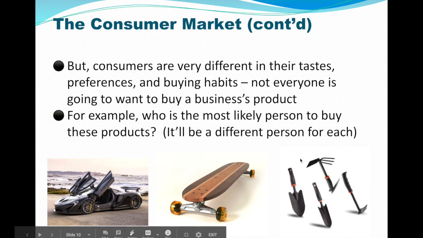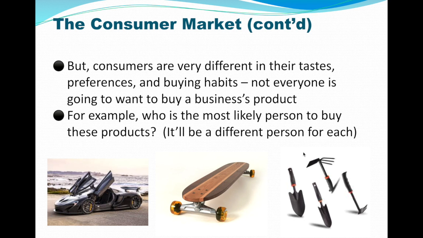And same thing for these gardening tools. These are probably going to be bought by someone who's older, who has a house of their own, probably employed since they have a house of their own, but you don't know for sure. Given the black and orange color selection, maybe male more likely as opposed to female.